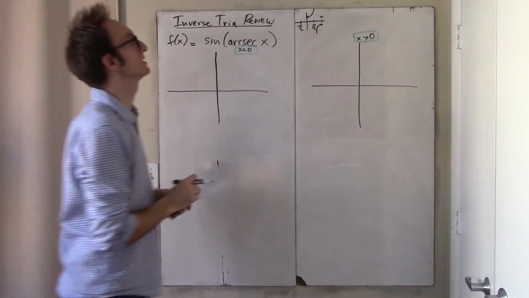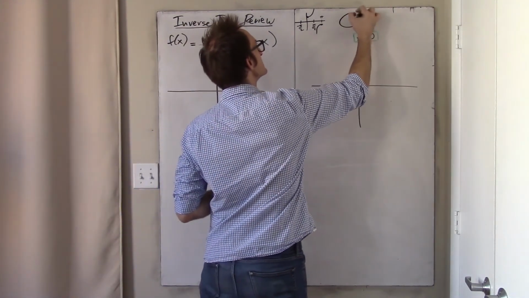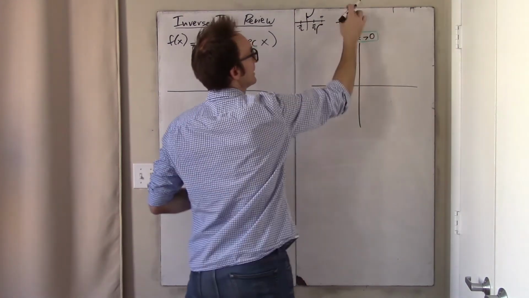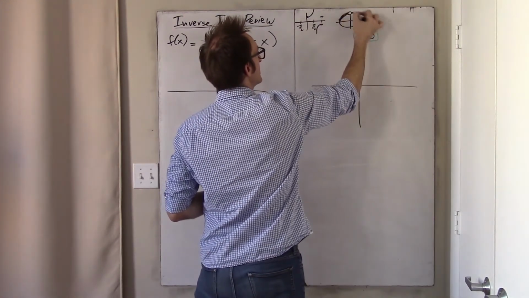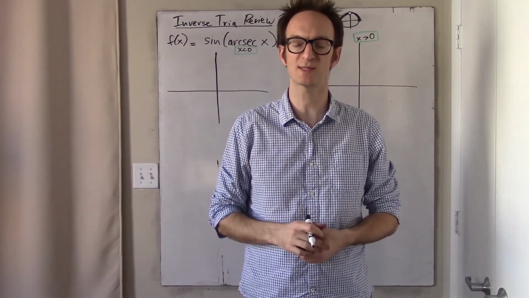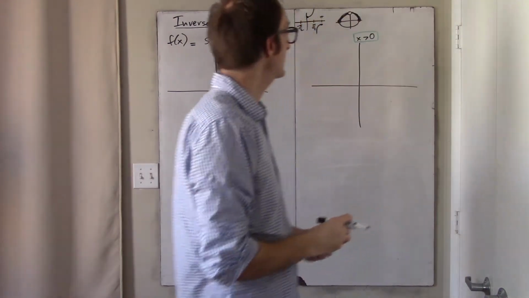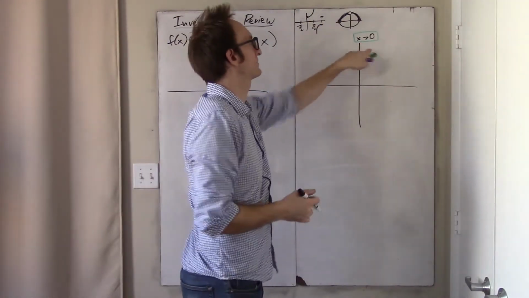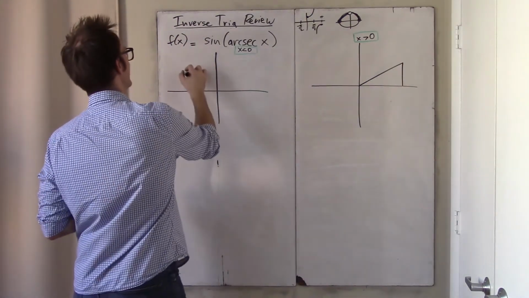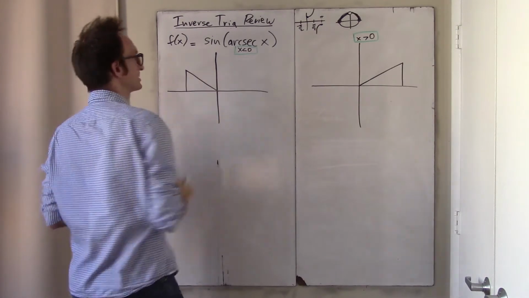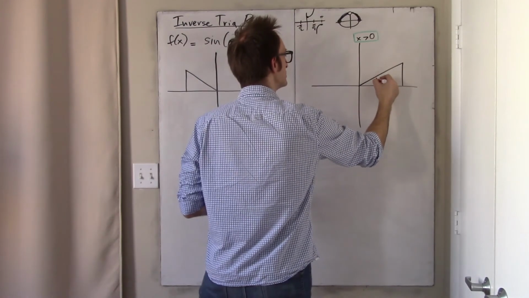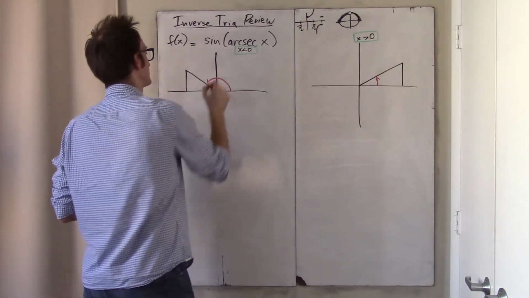This is just a long-winded way of saying that arcsecant always outputs something between 0 and pi. But also it doesn't exist at pi over 2. But okay, so if that's the part of the unit circle that you should be looking at when it comes to evaluating arcsecant, then I can say with confidence that the arcsecant of something positive will be in the first quadrant, and the arcsecant of something negative will be in the second quadrant. Okay, that's good to know. Here I'm using my knowledge of these inverse trig functions.